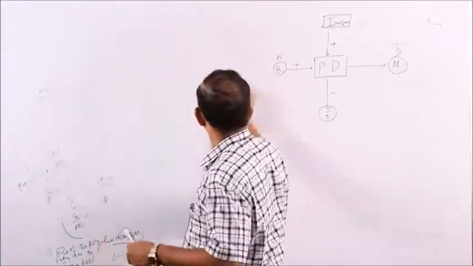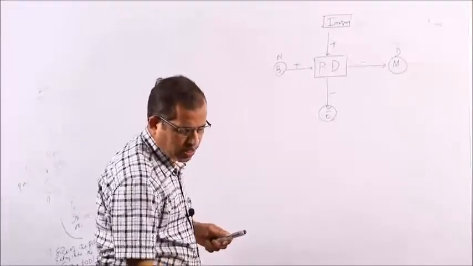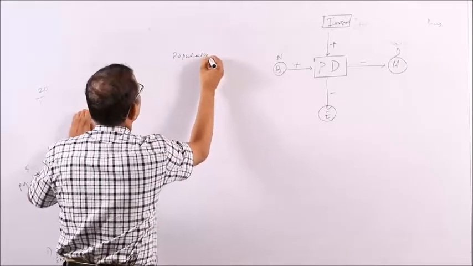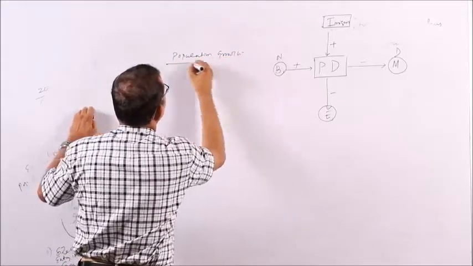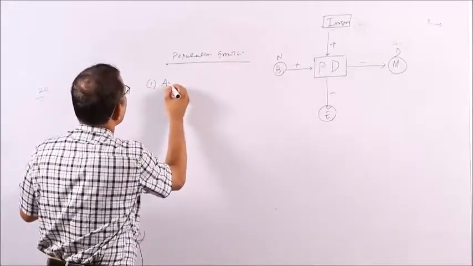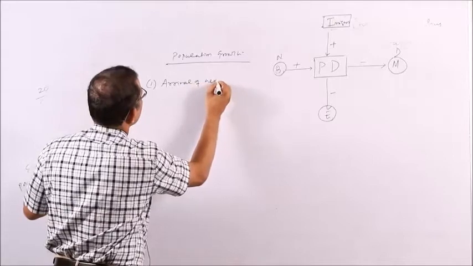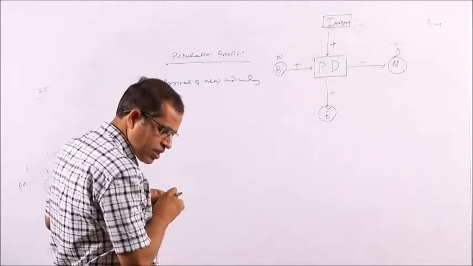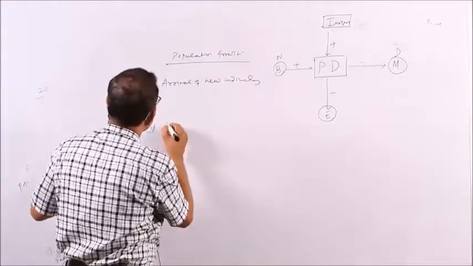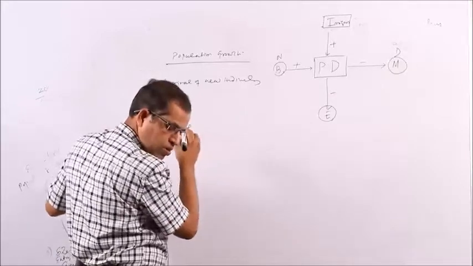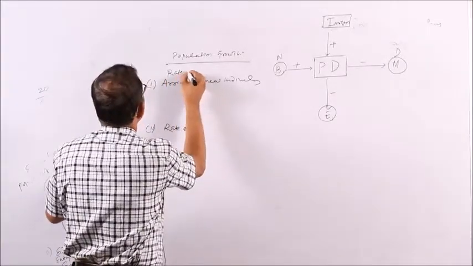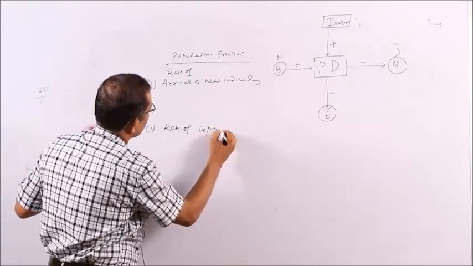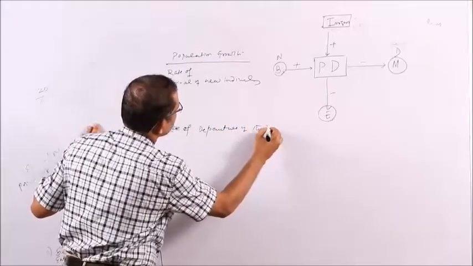So, population growth depends upon two things. One is the rate of arrival of new individuals, and second is the rate of departure of the individuals.